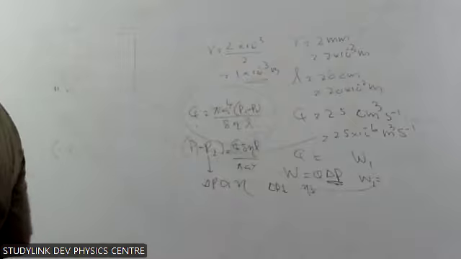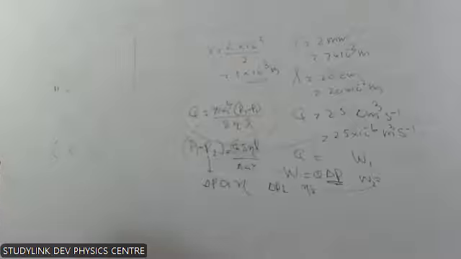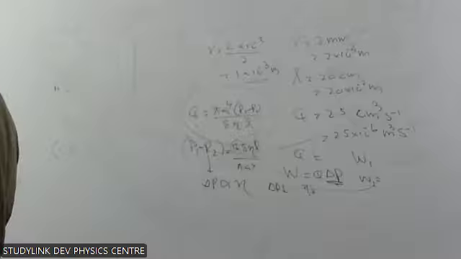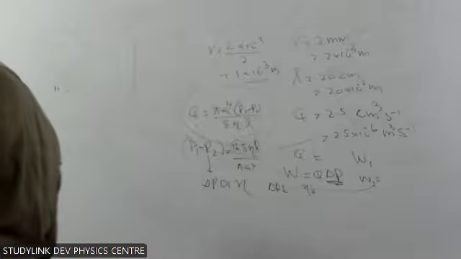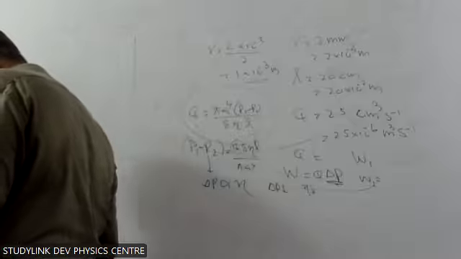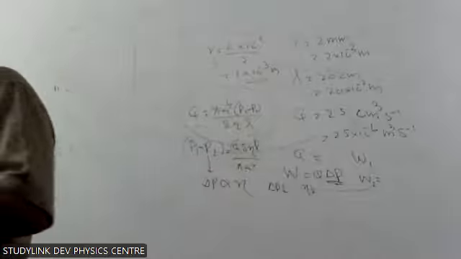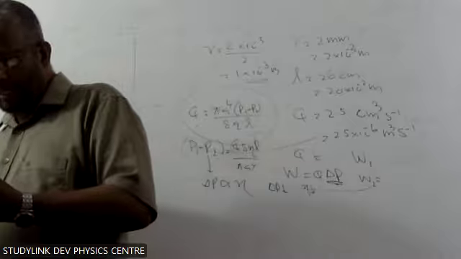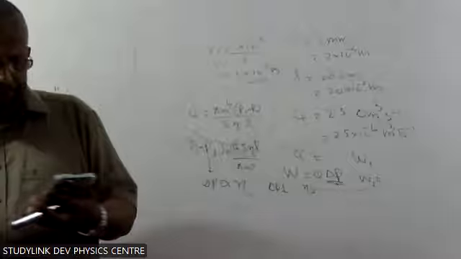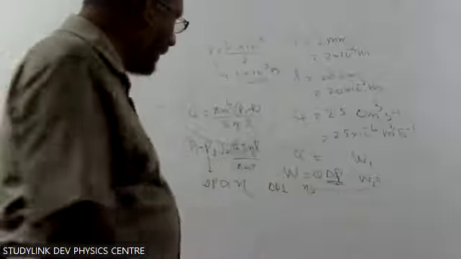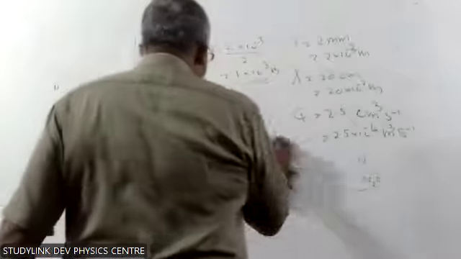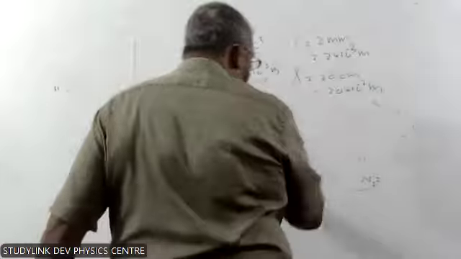Then we'll go to the 2008 question. Poiseuille's equation can be written as Q equals pi delta P R to the power 4 over 8 eta L. In this case, a or R is taken to the back.